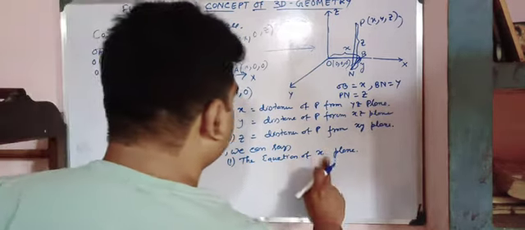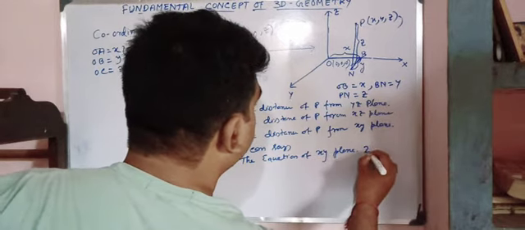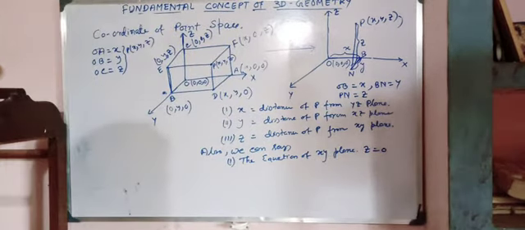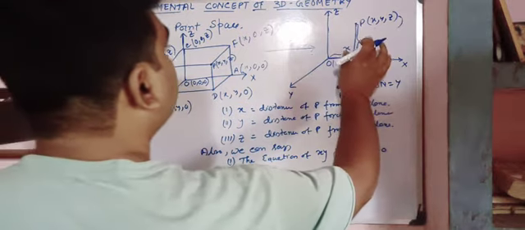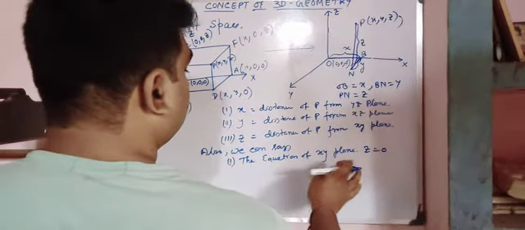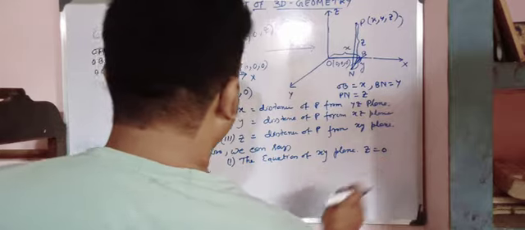That should be z equal to 0. Understood? Because in the xy plane the value of z is 0, so the equation should be z equal to 0.